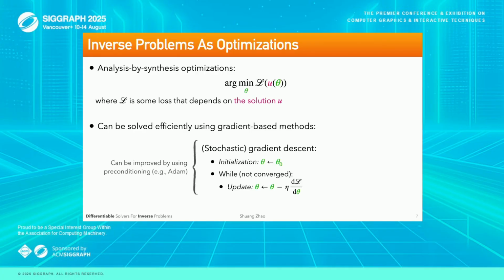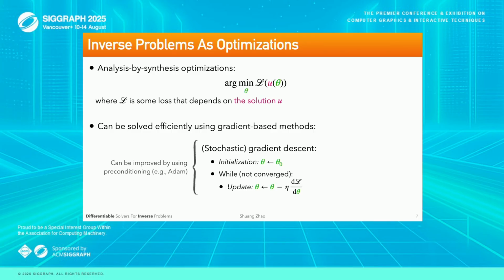And just like in much other literature in computer vision and machine learning, we often solve the optimization using gradient-based methods. Right? We start from some initialization and iteratively update, in this case, the PDE parameters until convergence is reached.